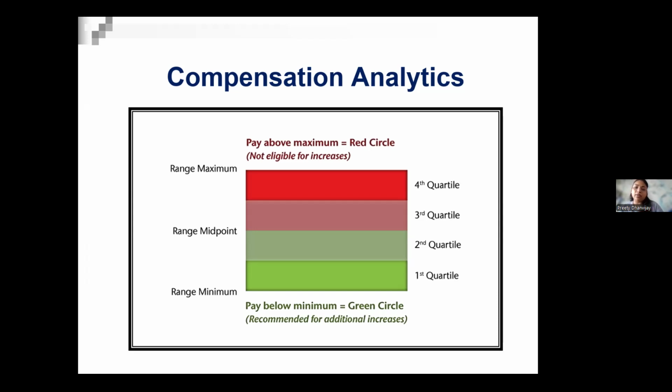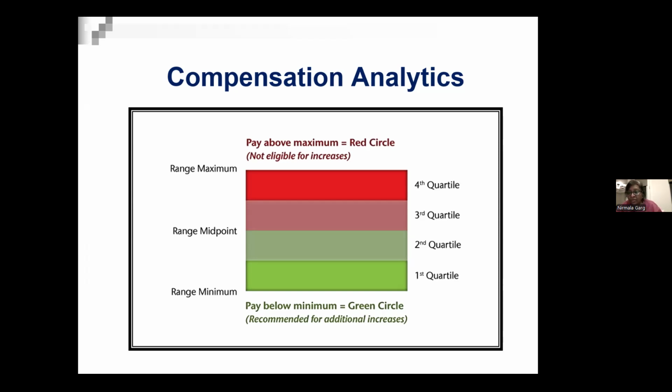The green circle and the red circle are actually related to the salary range. Like if your Preeti is hired at a particular salary grade, every grade has a salary range.